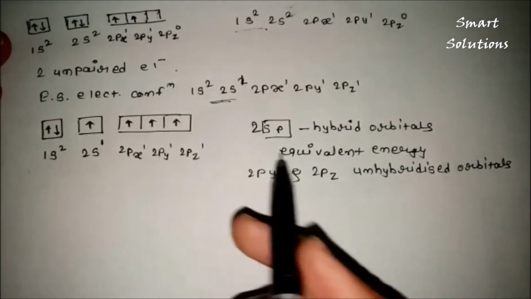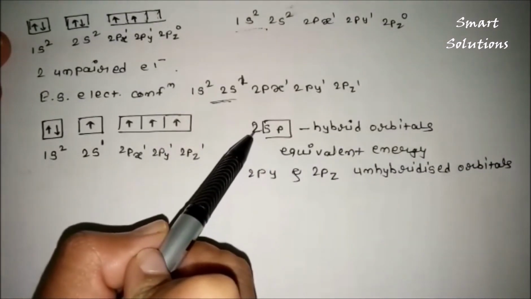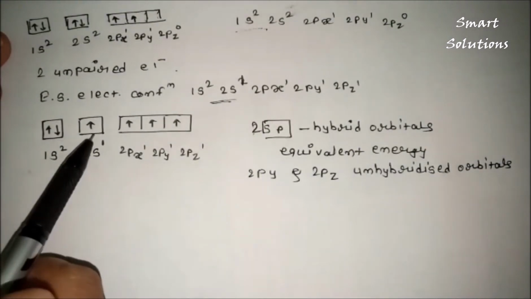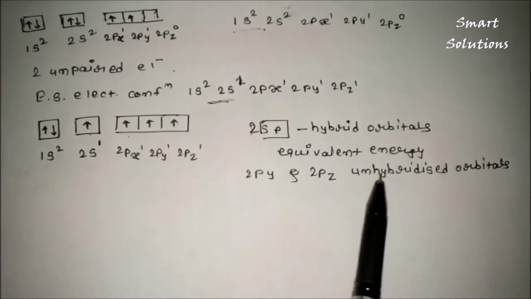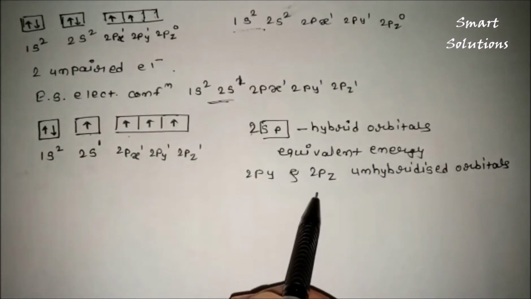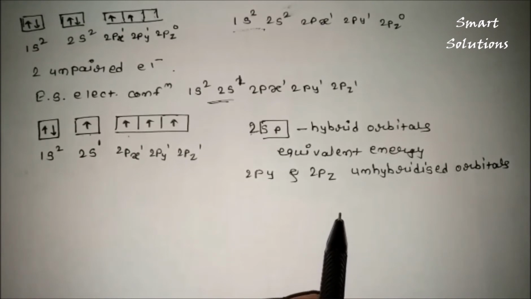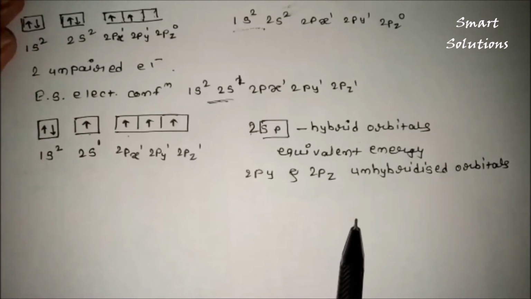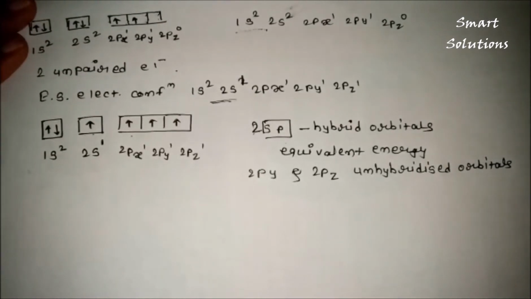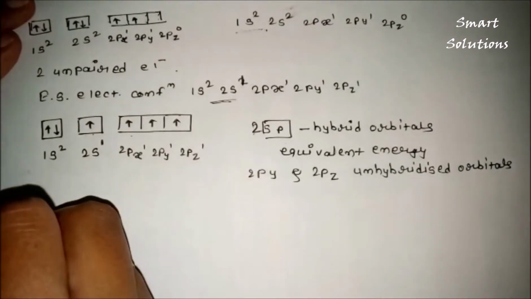Which are the hybrid orbitals? The 2s and p, the sp orbitals, contain equivalent energy, and 2py and 2pz are the two unhybridized orbitals of the carbon atom which remain at right angles to the hybrid orbitals. Therefore, what is the electronic configuration of carbon in the hybridized state?